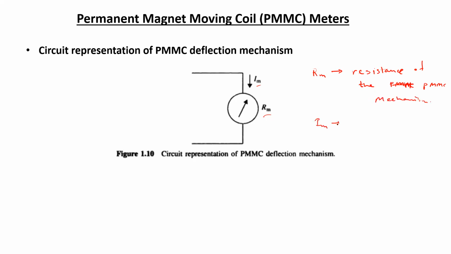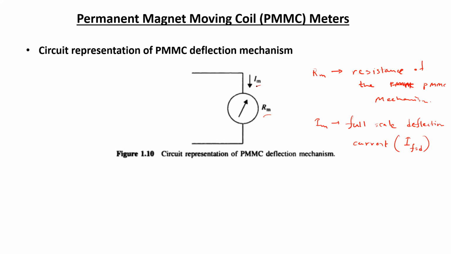And Im indicates the full-scale deflection current that can be carried by this particular coil arrangement. The full-scale deflection current is also sometimes denoted by IFSD, full-scale deflection.